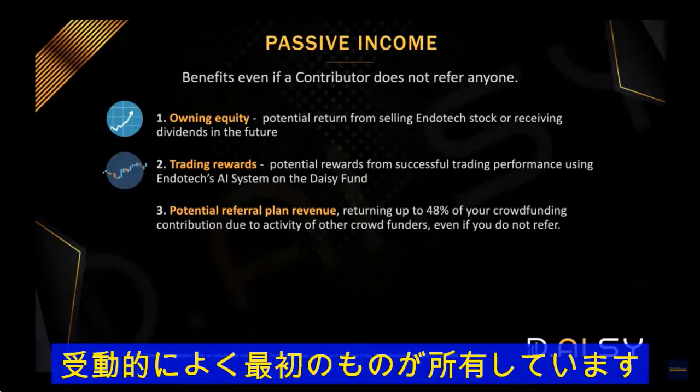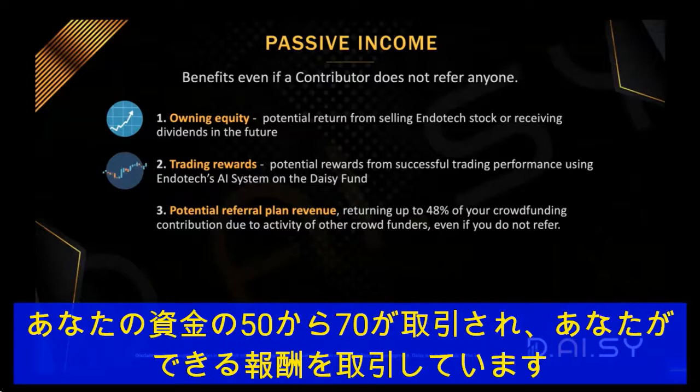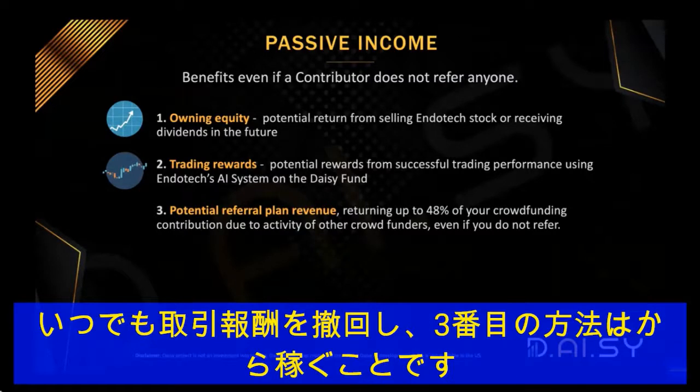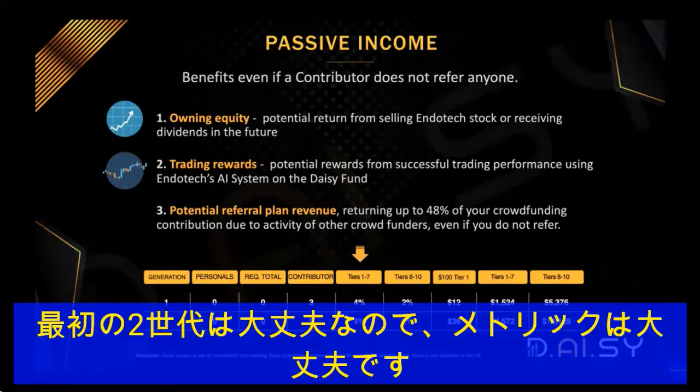Well, the first one is owning equity that you can claim once Endotech goes public, right? The second is trading rewards. 50 to 70% of your funds will be traded, and you can withdraw the trading rewards at any time.